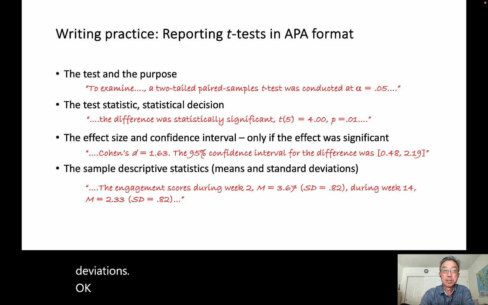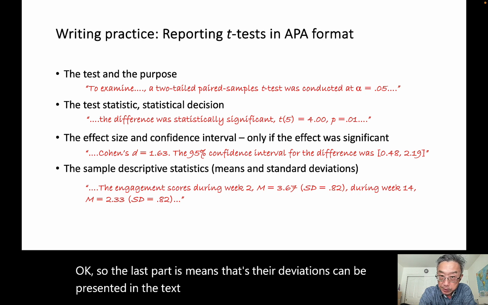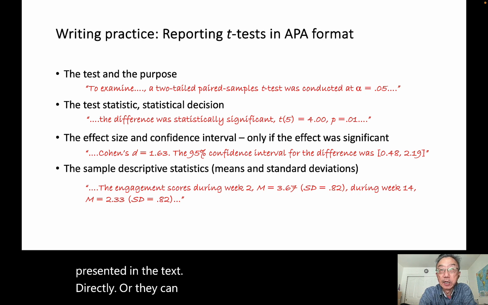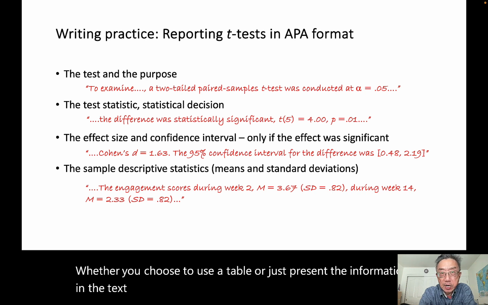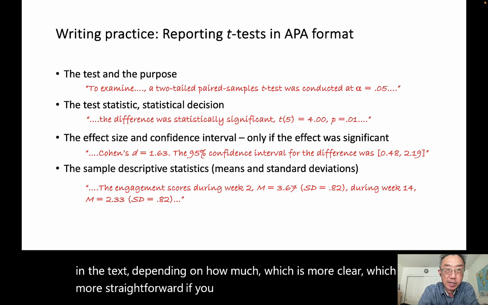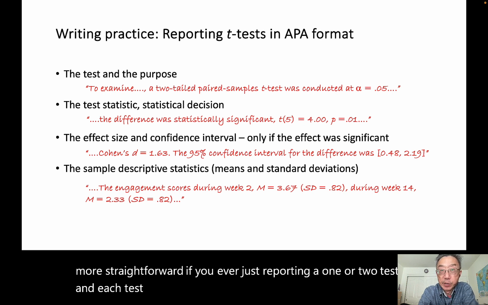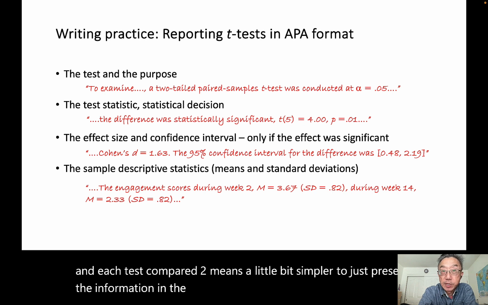Okay, so the last part: these means and standard deviations can be presented in the text directly, or they can be presented in a table. Whether you choose to use a table or just present the information in the text depends on which is clearer, which is more straightforward. If you are just reporting 1 or 2 t-tests, and each t-test compares 2 means, it'll be simpler to just present the information in the text.